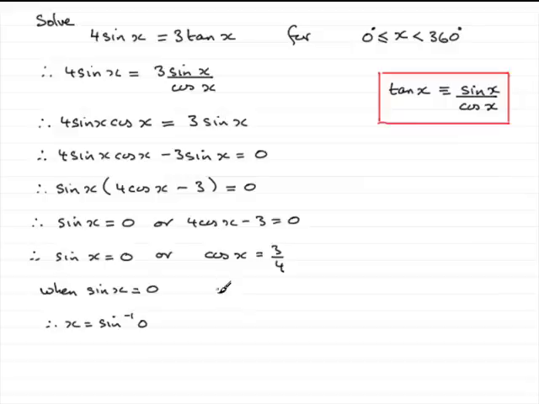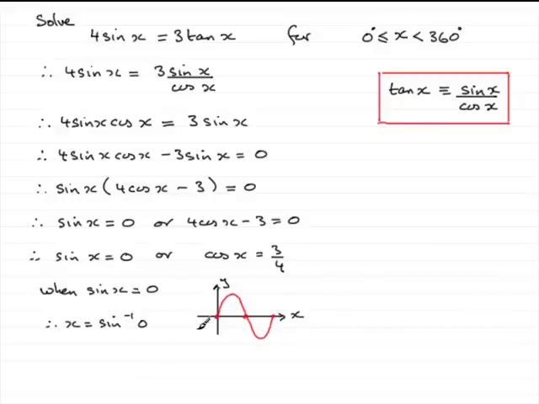But you should really know the graph of sine x. If we took the graph of sine x, it starts at the origin, goes up to 1 at 90, 0 at 180, at 270 it's minus 1, and at 360 degrees it's 0. So it's 0 at 0, 180 and 360.